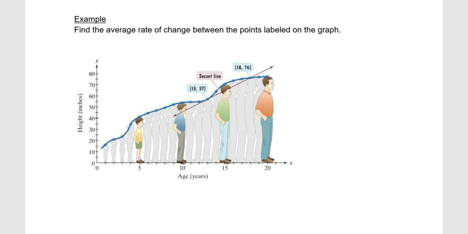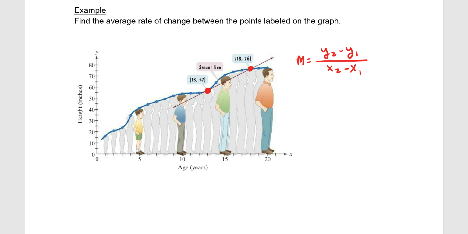But if we want the average rate of change from this point here to this point here, we connect them with this secant line that is labeled, and it's just going to be simply the slope between those 2 points. So we know that slope is y2 minus y1 over x2 minus x1, and let's use this point as (x1, y1), and let's use this point as (x2, y2).